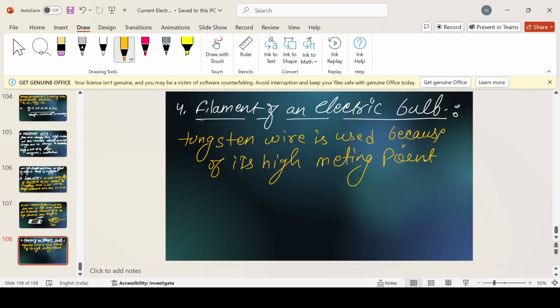Tungsten is not actually an alloy, but it shows the property of an alloy. It has a very high melting point, so when you pass current through it and it becomes red hot, it won't melt and does not break down. Getting it?